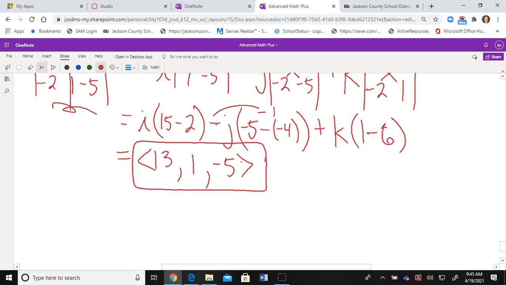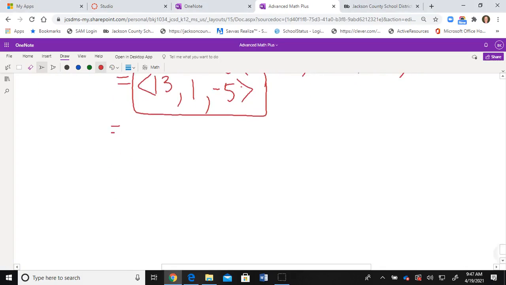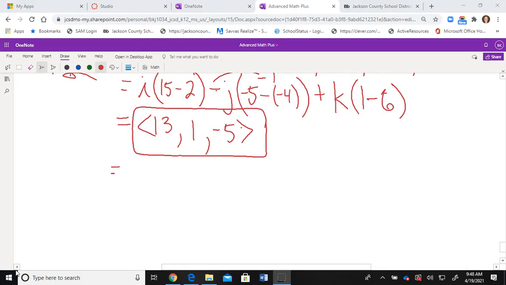Okay? Awesome. All right. So we have to take our answer and verify that it is perpendicular to our first 2 vectors. And you verify something is perpendicular by doing the dot product.